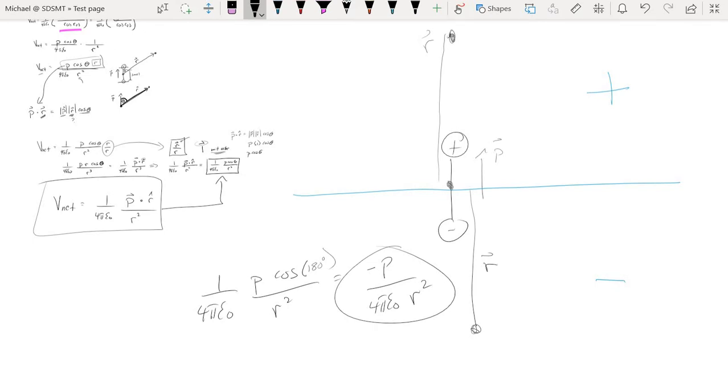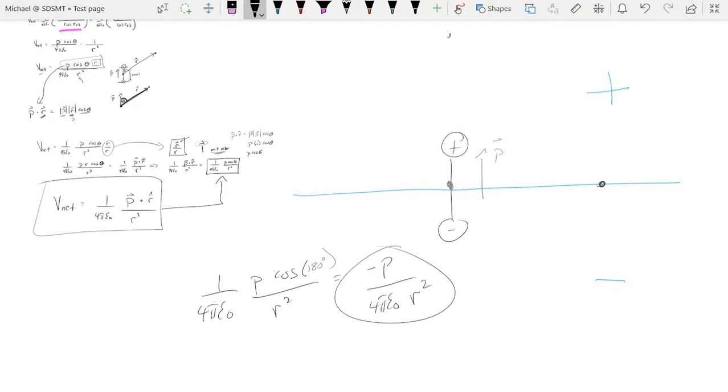And so, well, let's try a point on that line and see what happens. We're going to use our new expression to measure the electric potential out at that location. Now our dipole moment has always been pointing up. That's not going to change.